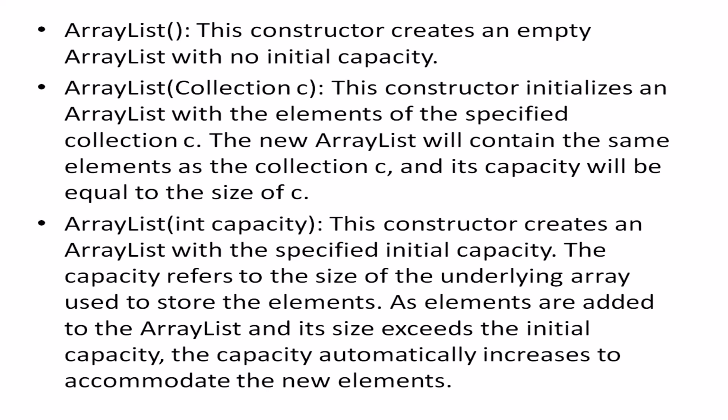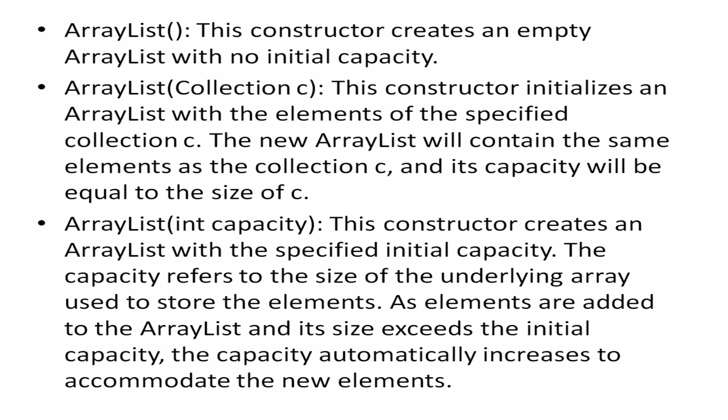So other methods are ArrayList(). The constructor creates an empty ArrayList with no initial capacity. Next one is ArrayList(Collection c). This constructor initializes an ArrayList with the elements of the specified collection c. The new ArrayList will contain the same elements as the collection object c, and the capacity will be equal to the size of c. Next, ArrayList(int capacity). This constructor creates an ArrayList with the specified initial capacity.